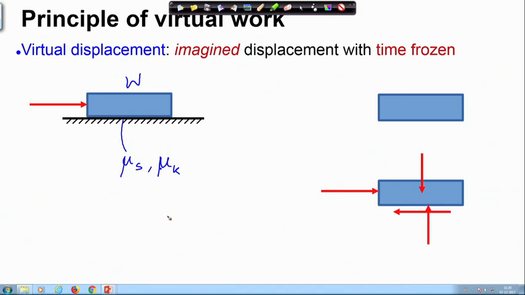So, there is a rough surface on which we have a block of weight W, and this is being pushed by a force P such that this system is in static equilibrium. So, the block is in static equilibrium under the action of this force P.